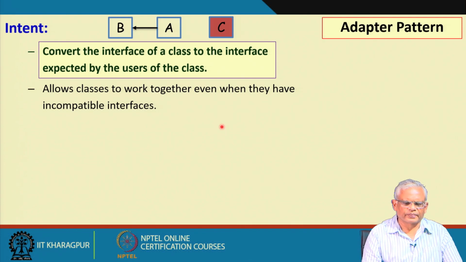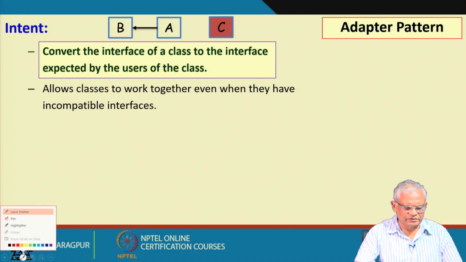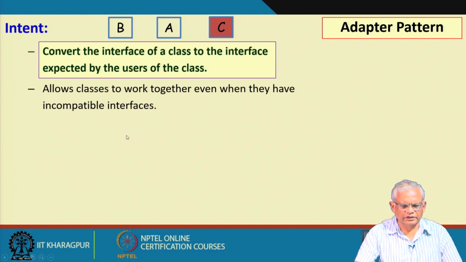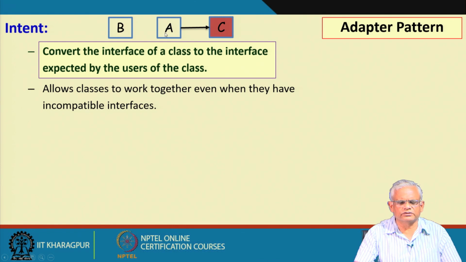So, we had class A using the services of class B, but now we want to use the services of class C. And as it is, it would be difficult to use the services of class C, because we do not want to change the code of class A, and C has methods L, M, N, and A was calling the methods P, Q, R. At first glance, they look like incompatible classes.